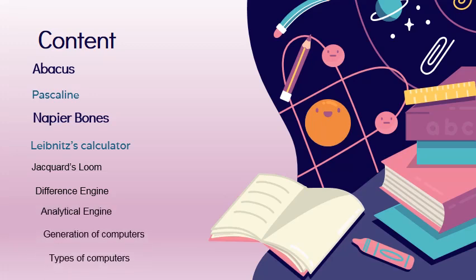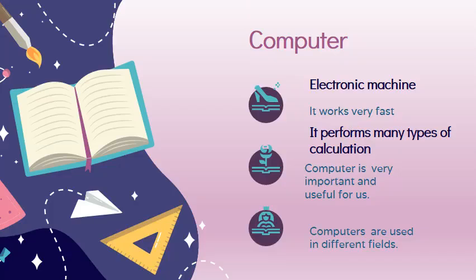Students, these are the contents of Evolution of Computer: abacus, Pascaline, Napier's board, Leibniz calculator, Jacquard's loom, difference engine, analytical engine, generation of computer, and types of computer. We will study all these contents in detail today.